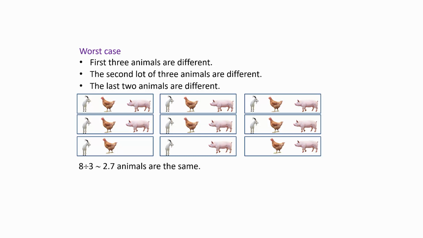There are 8 animals that have escaped, and we want at least 3 of them to be the same. So let's divide 8 by 3, which is approximately 2.7. That means approximately 2.7 animals will be the same. Of course, we can't have 0.7 of an animal, so we can round that up to 3 animals, which is what we showed using our diagrams.